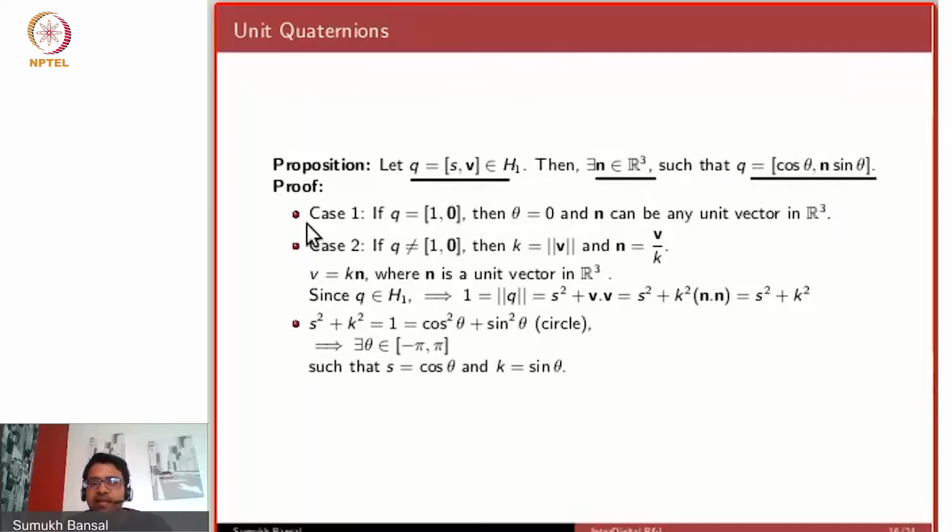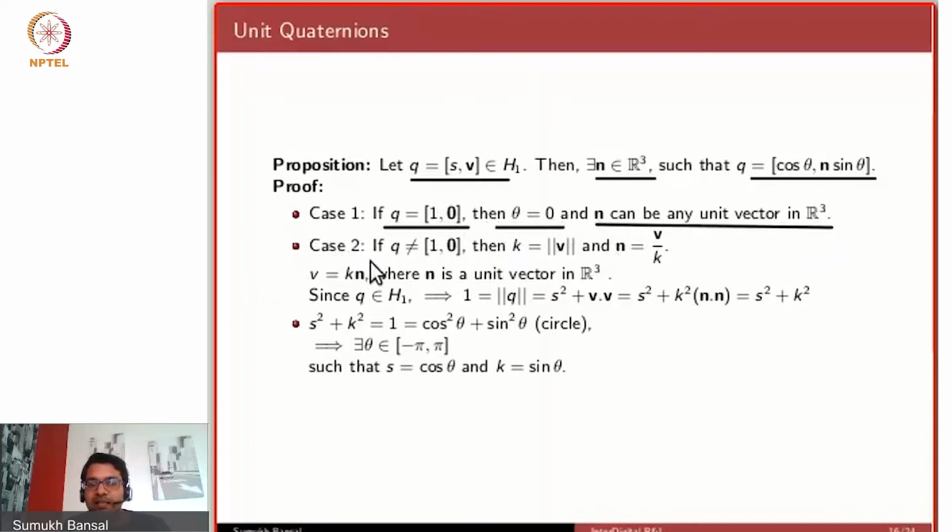There can be two cases. For the first case, let us say that Q is equal to (1, 0). 1 is the scalar component and 0 is the vector component. If this is the case, then n can be any unit vector and theta is 0. This is a trivial case, so nothing interesting about it.